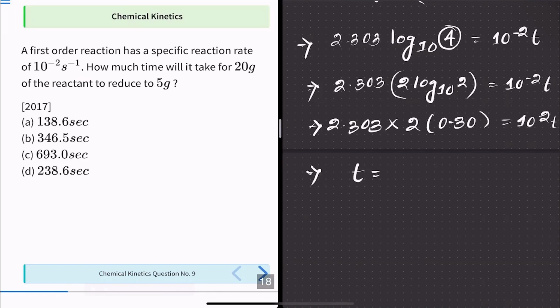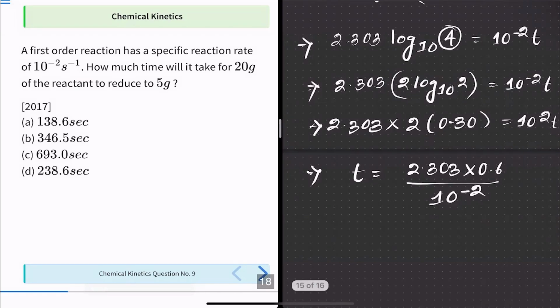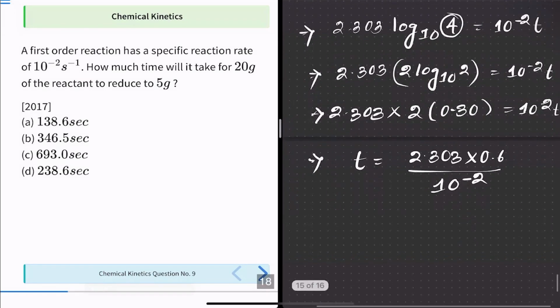So time would be 2.303 into 0.6 divided by 10 to the power minus 2. It would be nearly 6. Let's calculate here.